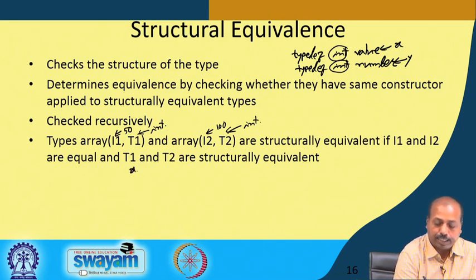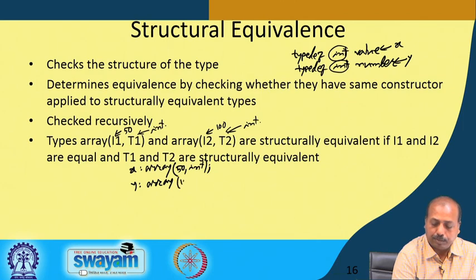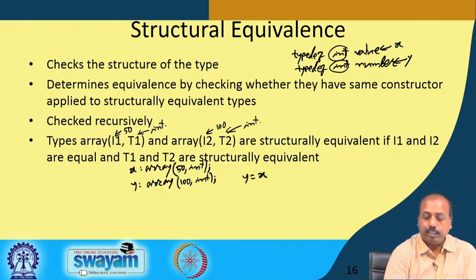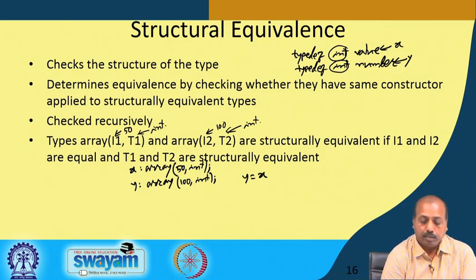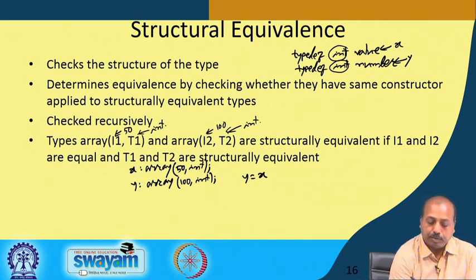So, if I have an x which is an array of 50 ints, and another variable y which is of type array of 100 integers, then if you try to write y equal to x, this will give rise to a type error, because the sizes are 100 and 50.